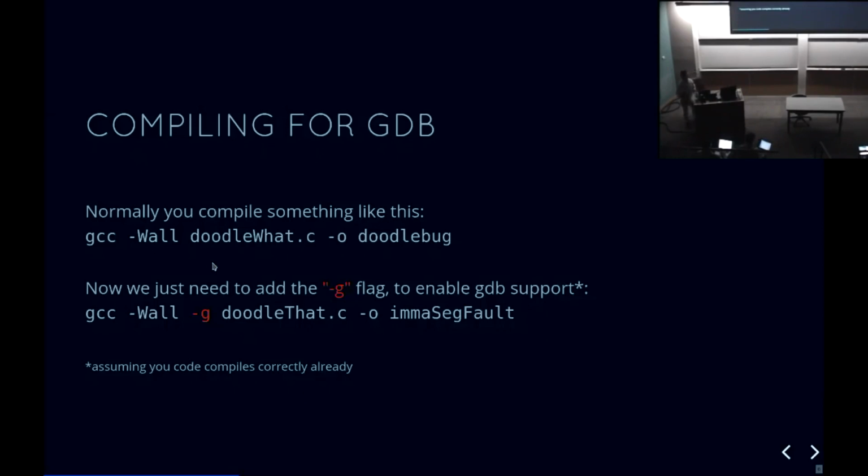But if you want to use GDB, your program needs to have the -g flag in order to create a symbols table, so that GDB, once it reads in your program, is actually able to tell what is going on in your program. Because if not, once you open it, it'll be like there's nothing here. Unless you're willing to go through all the binary in your code, GDB won't help you unless you have this flag. And this is also assuming that your code is able to compile. If it doesn't, then there's another problem.